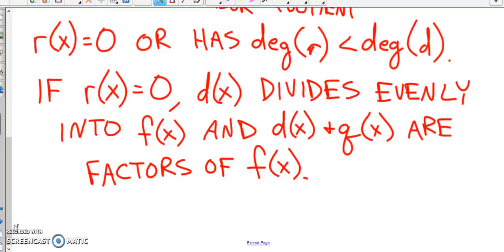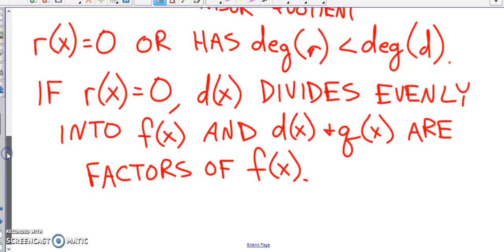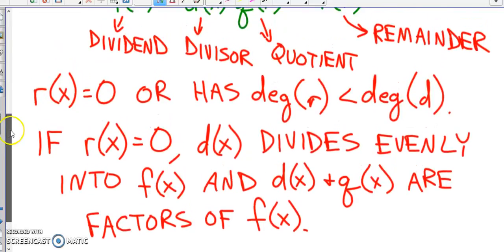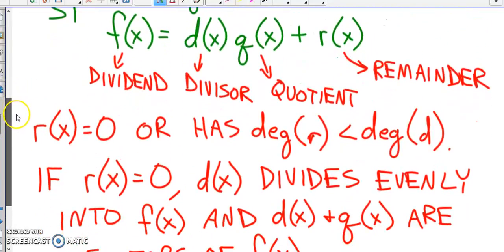So that's extremely useful, understanding that if the remainder is 0, then I've got two factors, essentially. And that makes sense, because if you come up here, if there's no remainder, then you literally end up with f of x equals d of x times q of x. That's factored, at least partly.